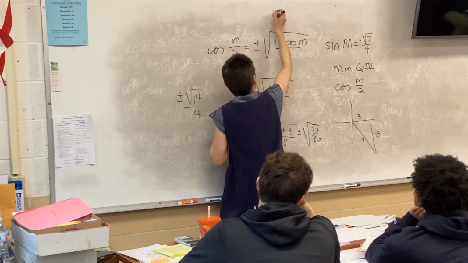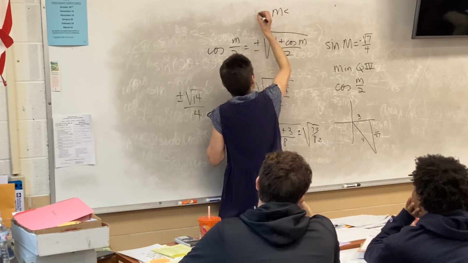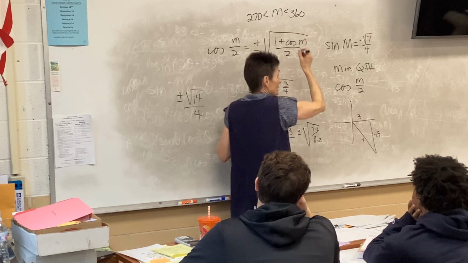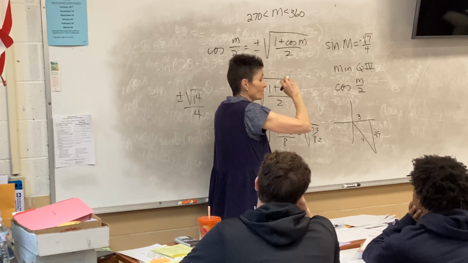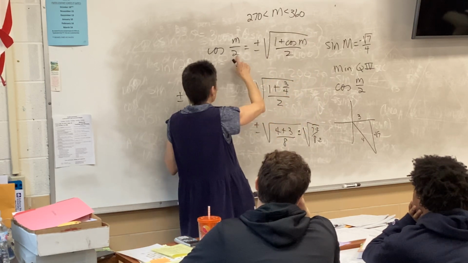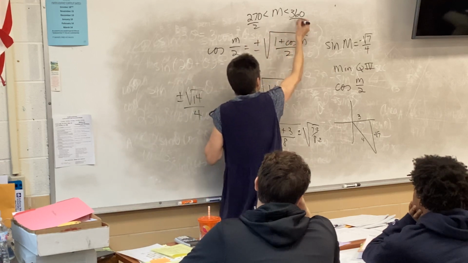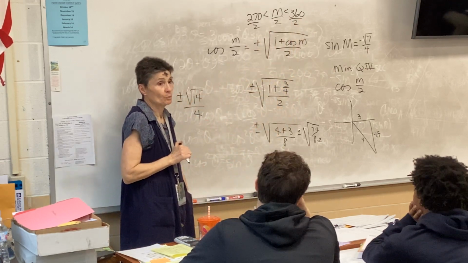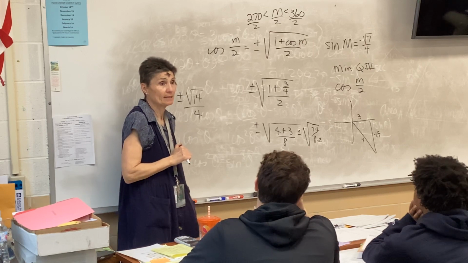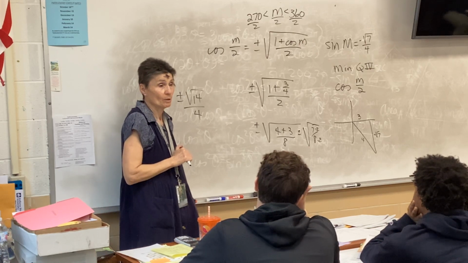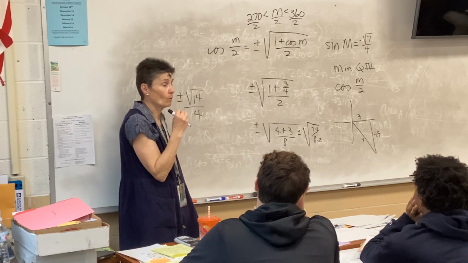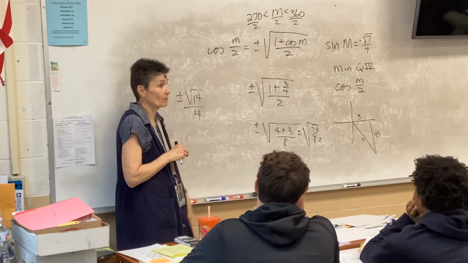M is in quadrant 4, which means in degrees it's between 270 and 360, right? I'm trying to figure out half of that. So where's half of it? Between 135 and 180, which means it's in quadrant 2. And what do I know about cosines in quadrant 2?